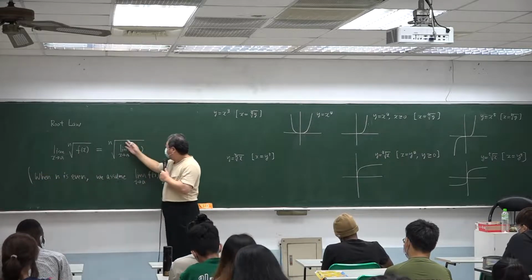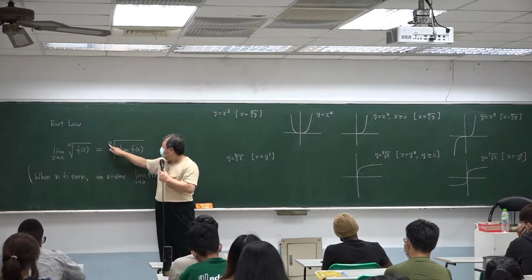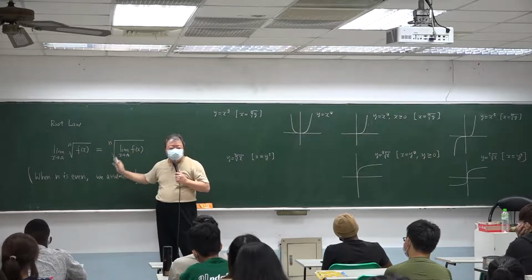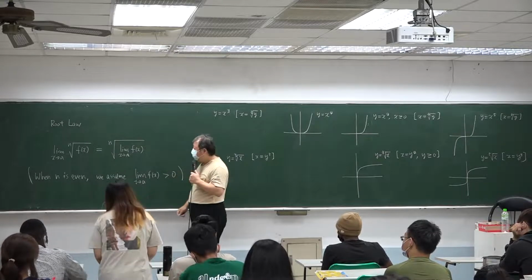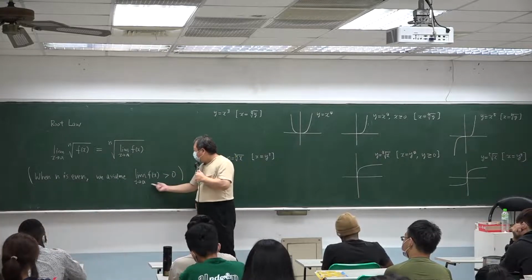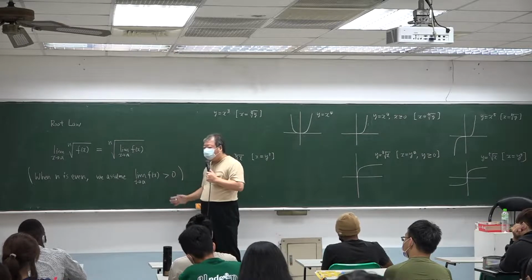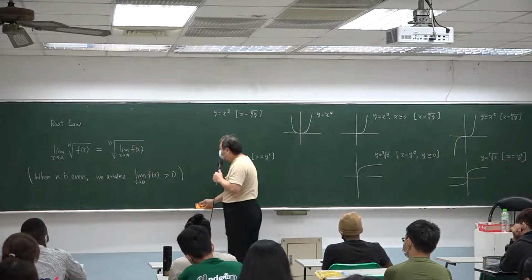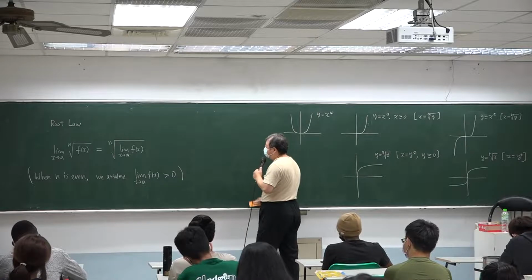Because if this number is a negative number, then when n is an even number, this number is undefined. Also, we consider positive, not non-negative, because when it equals 0, maybe you will face some problem.